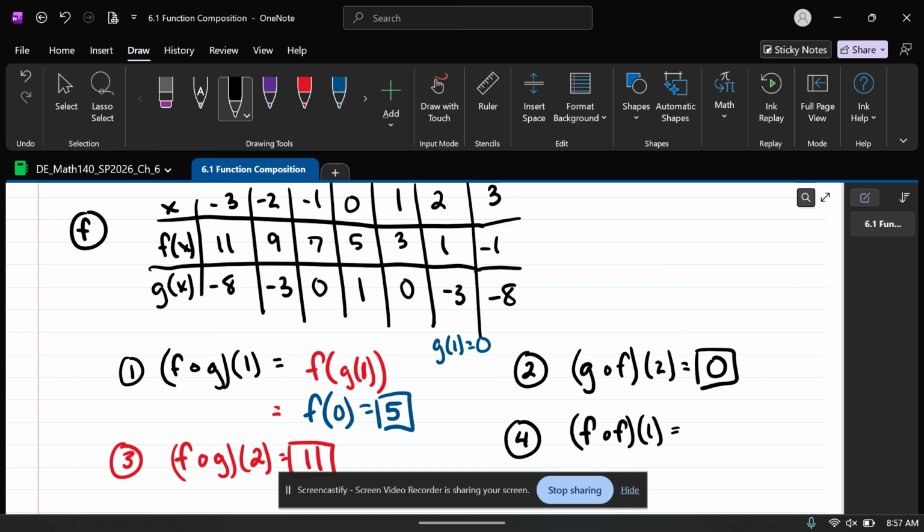Going to the same row because it's double f there. So 1, 3, and 3, -1. So the final answer would be -1. If you got tables, that's what it is.